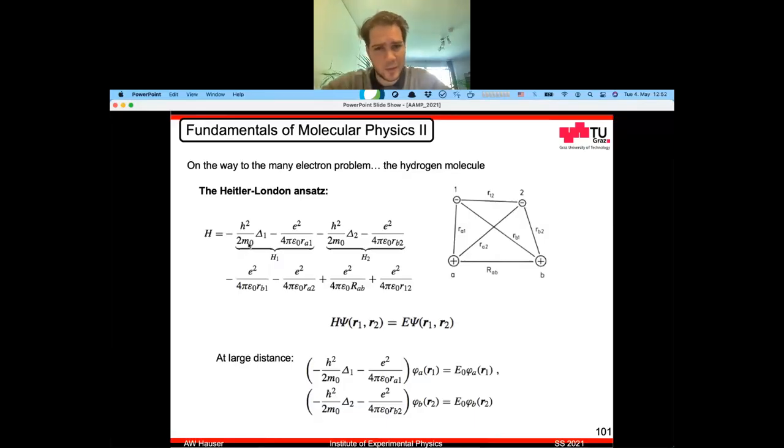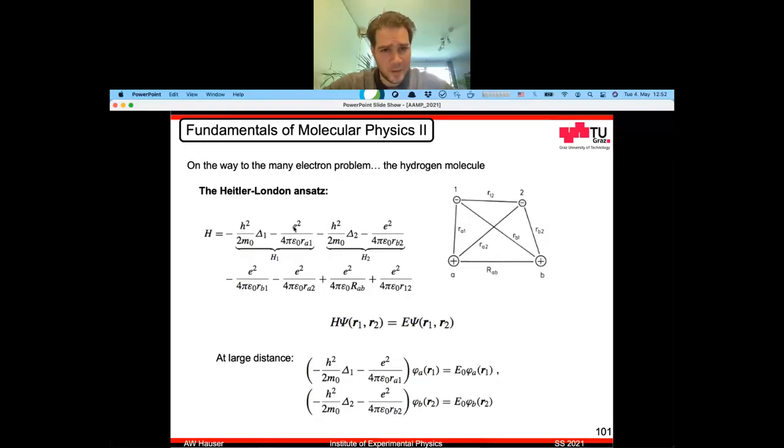But that's how you would write it down in the SI units. So we have the 2 kinetic energy operator parts for electron 1 and 2.